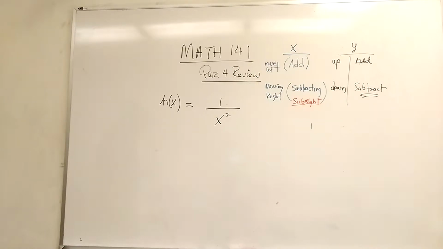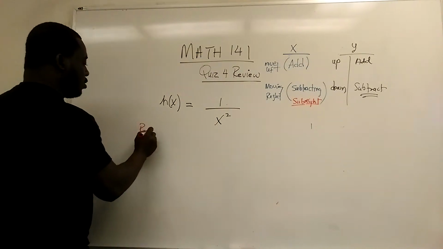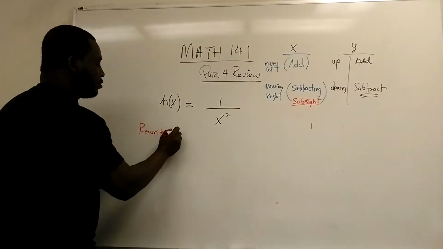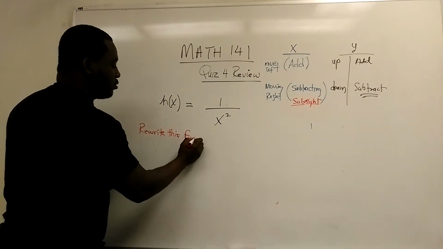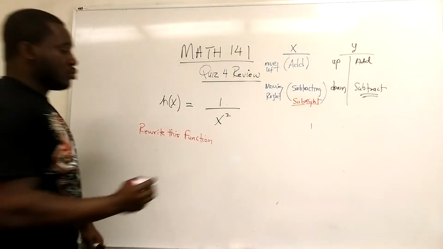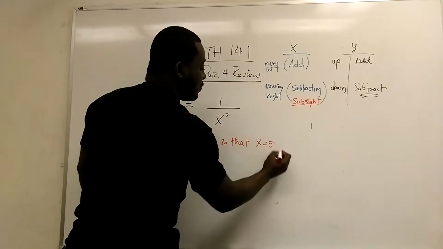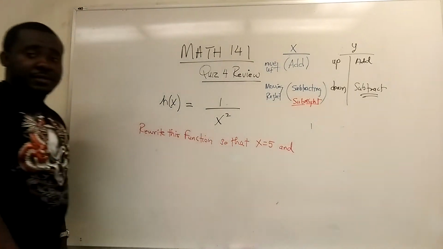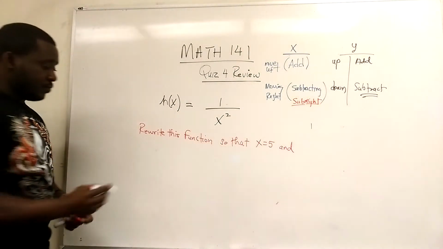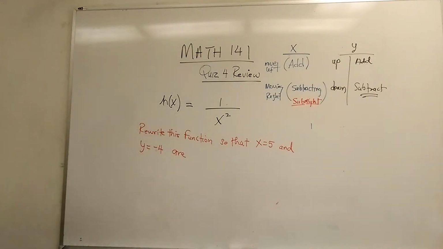And the question is, you shift this function or you rewrite this function, rewrite this function so that x equals 5 and y equals -4 are asymptotes.